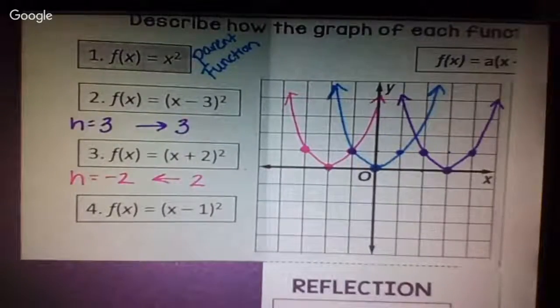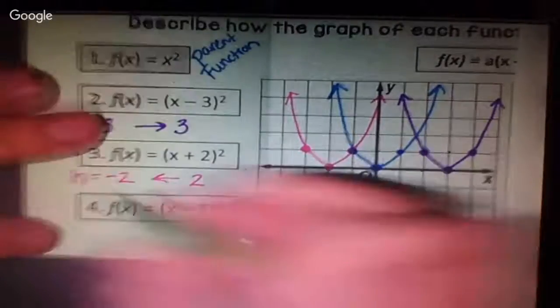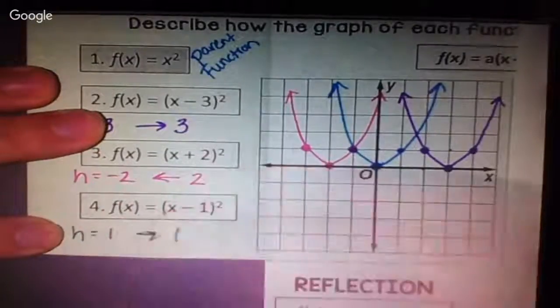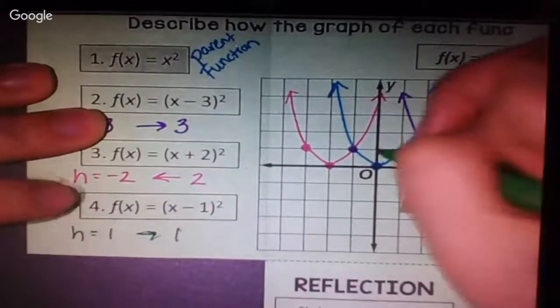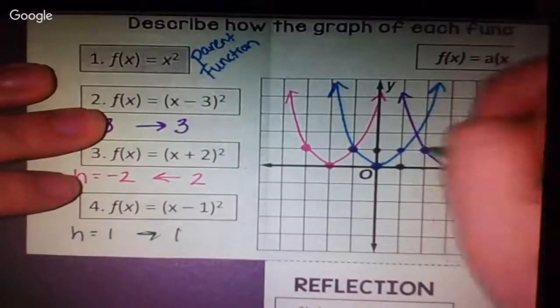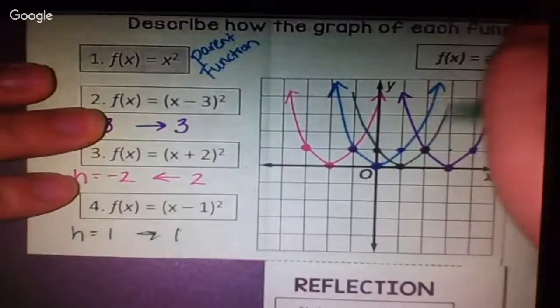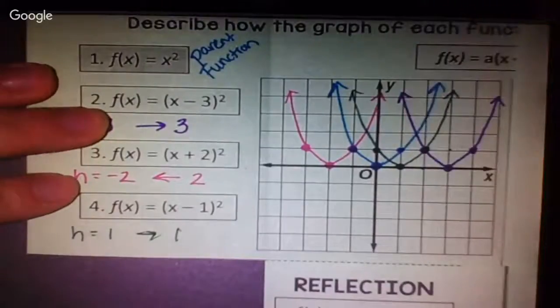Which way did my graph move in number 4? To the right. Good. My h value should have been 1, and we moved to the right by 1. So that's here, here, and here. That's a fun looking picture.